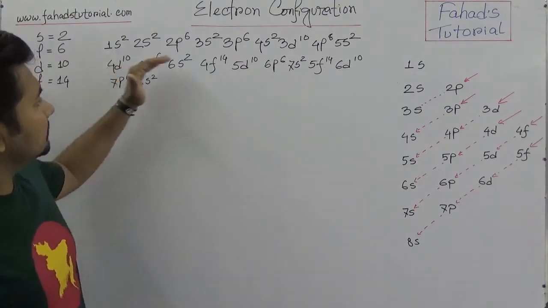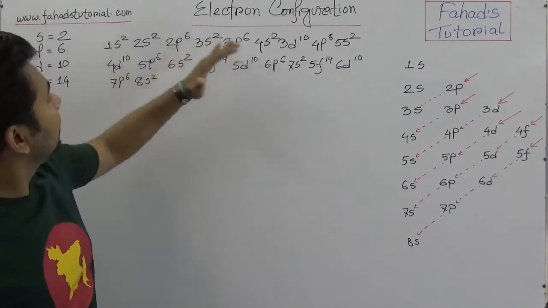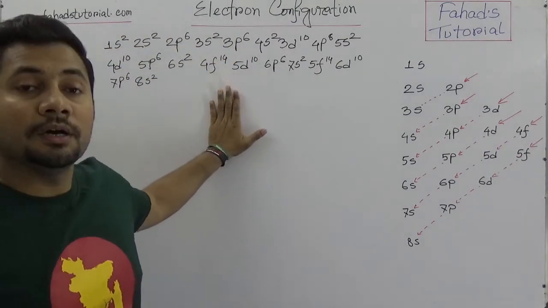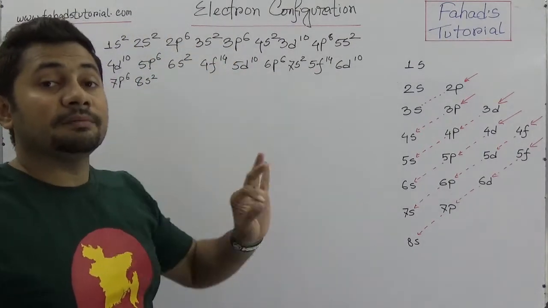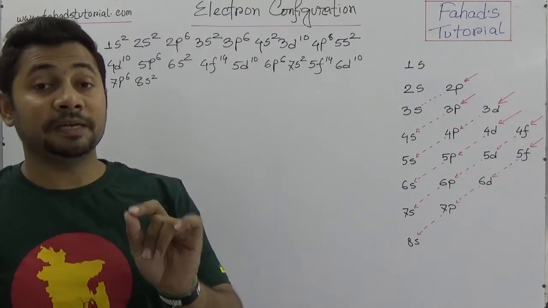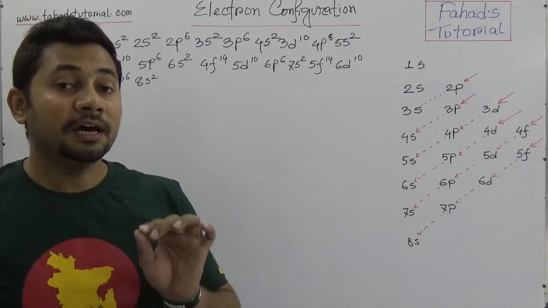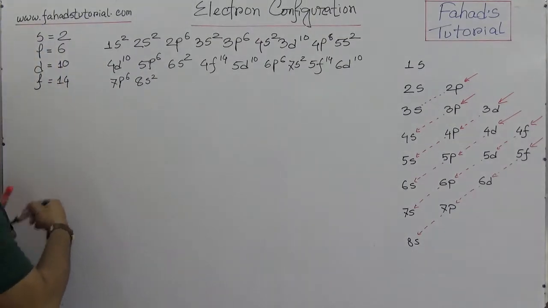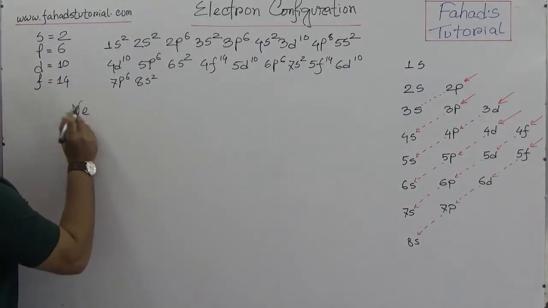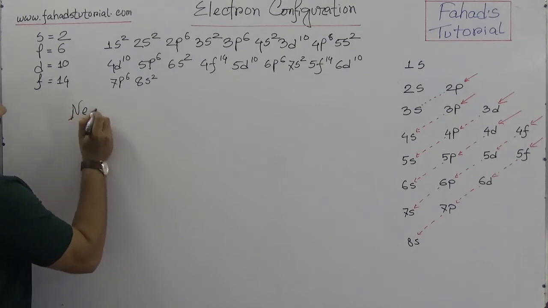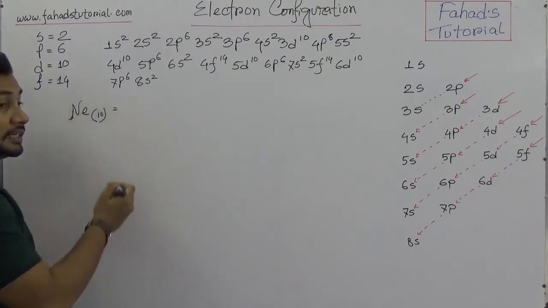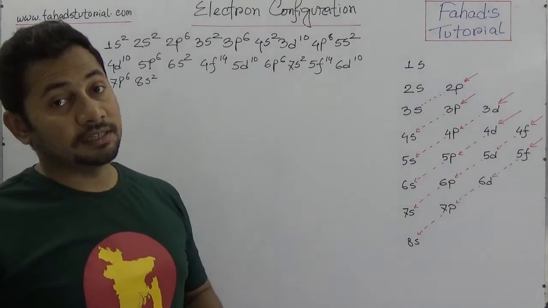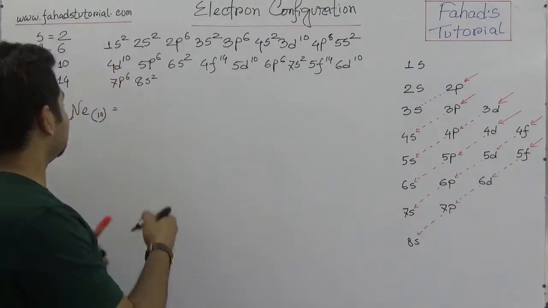Following this order, we understand how to do the electron configuration based on the proton numbers of different elements. Say this is neon, neon 10, and you know there are 10 protons in the neon atom.